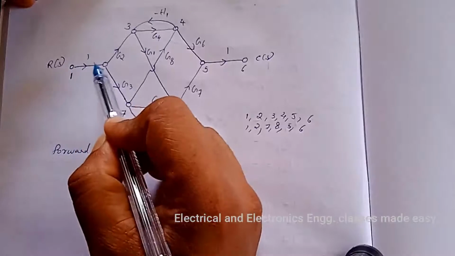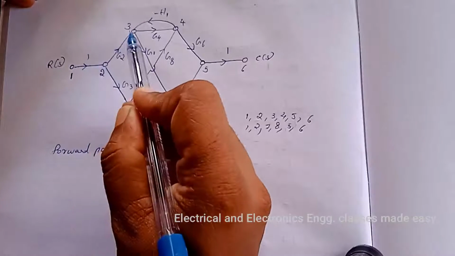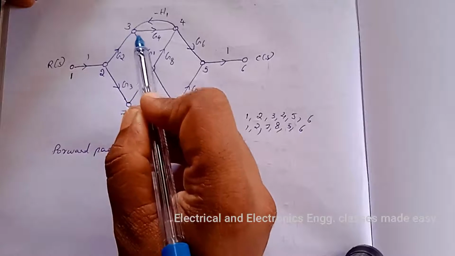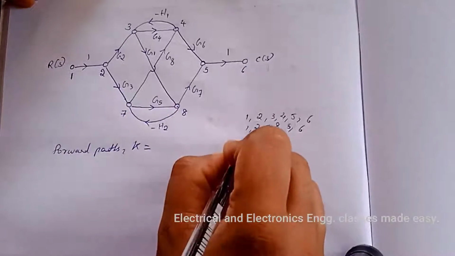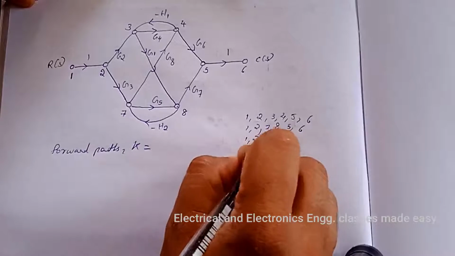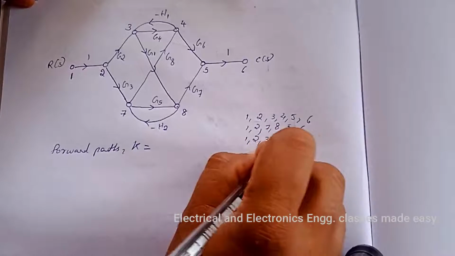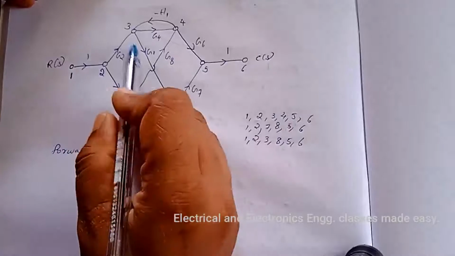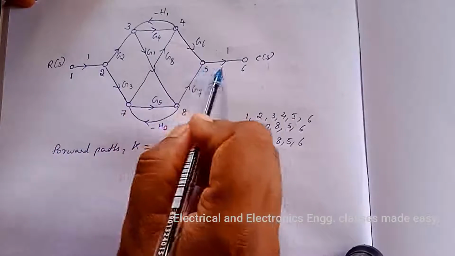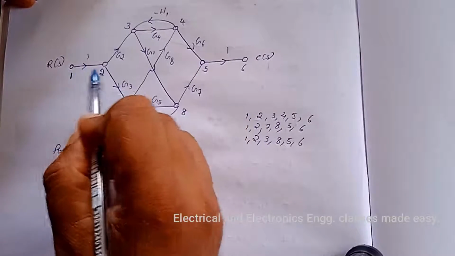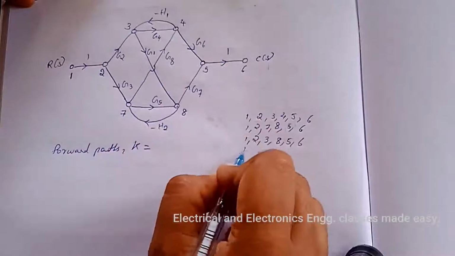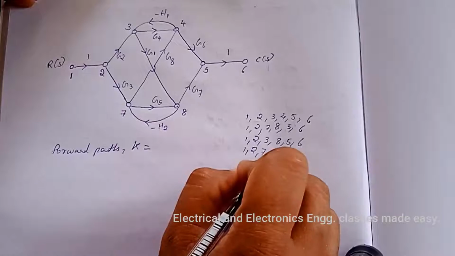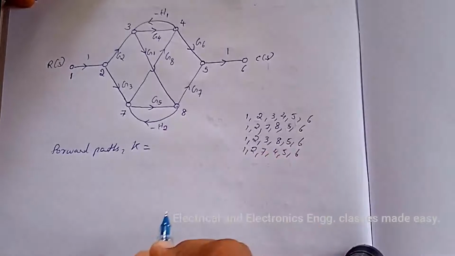Now next is 1, 2, 3, then 8, 5, 6. So in this way here also another forward path, that is 1, 2, 7, 4, 5, 6.